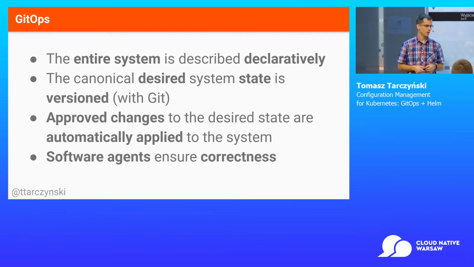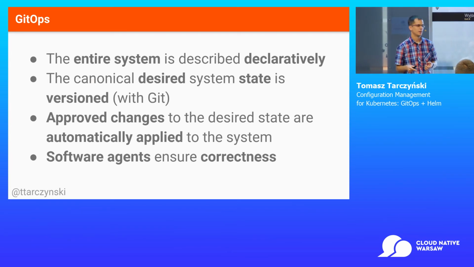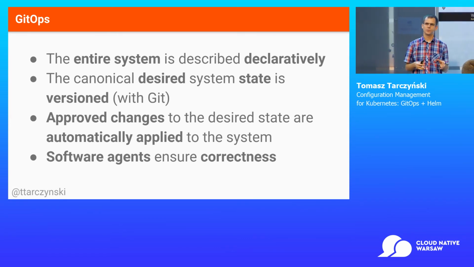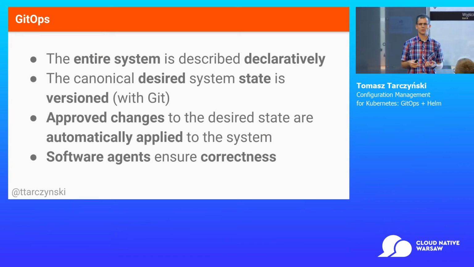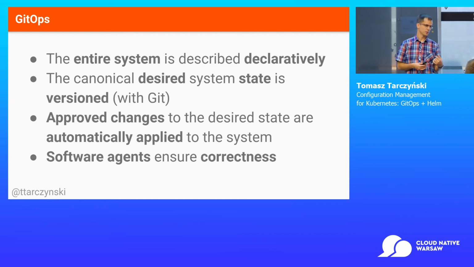Then the changes that get applied to the system, you can think of those as only the approved changes, so you can use all the familiar workflows of working with version control. You can put any kind of process on top of it, like requiring some merge requests to be accepted, some review done, stuff like this.